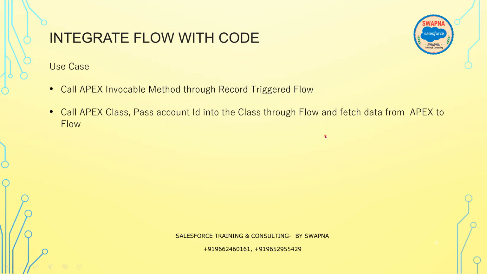Swapna? Yeah, how do we pass multiple IDs? How is it possible as an input? If you want to pass multiple IDs, we have a collection, a list of the collection items.